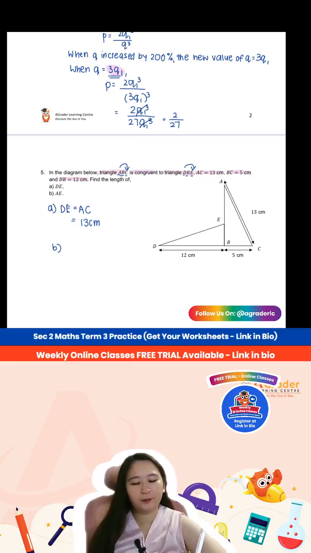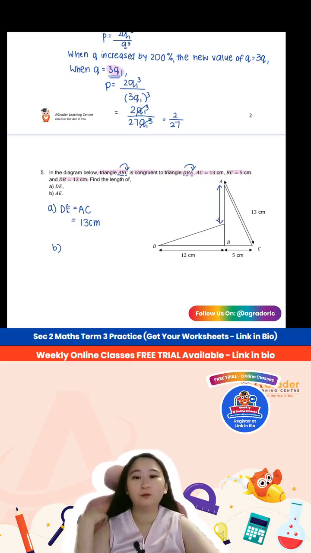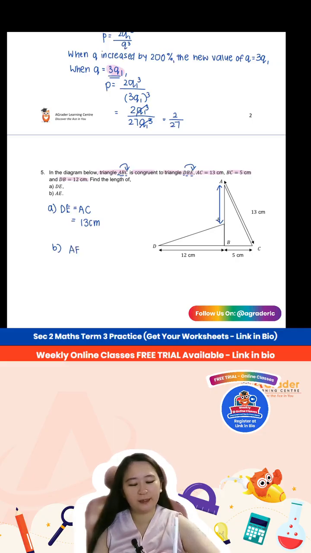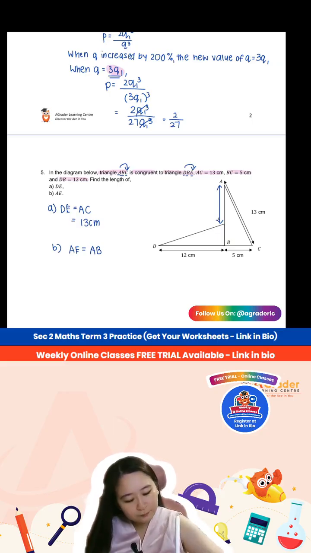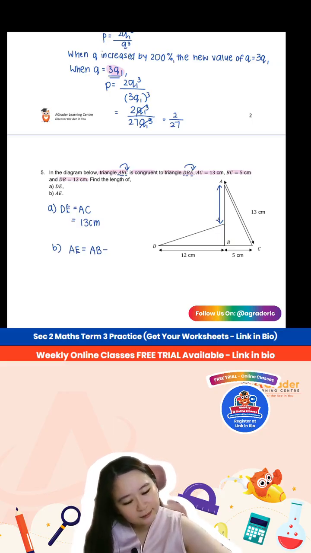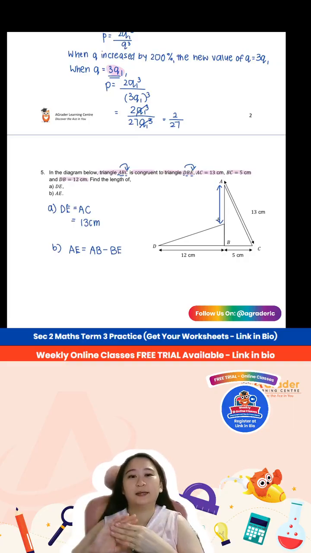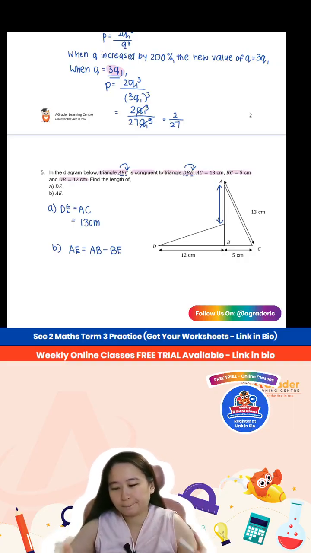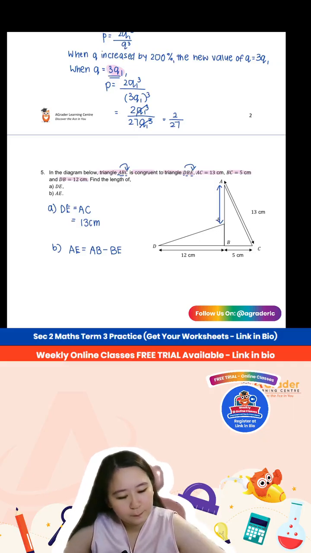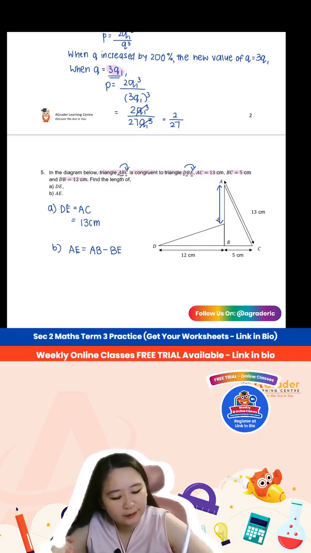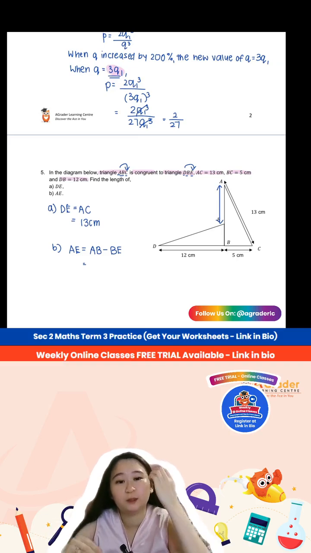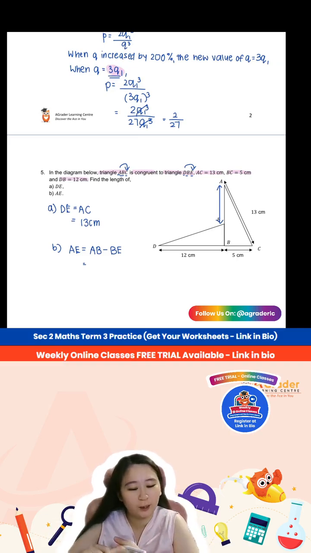So AE, you can see from here, AE is not part of any side of the triangle. But for us to find AE, we can actually take AB minus DE, which these two are a side of the triangle. But AB and BE, we do not have the length, so we have to use the corresponding side of the congruent triangle to help us.